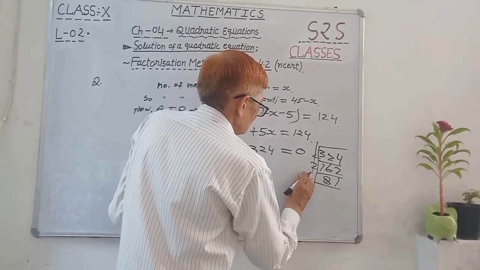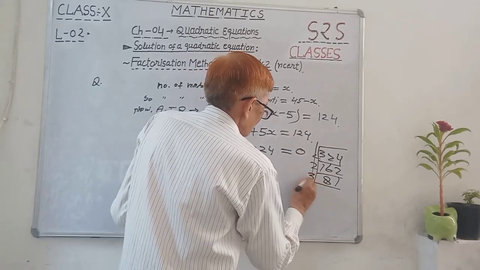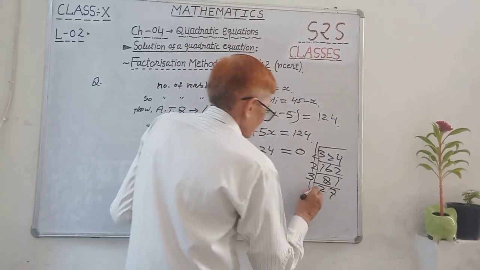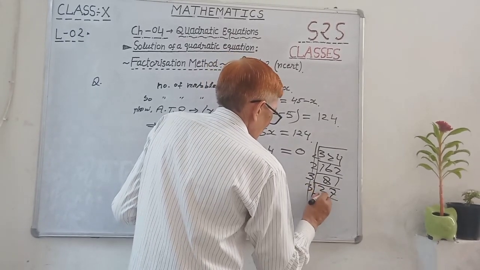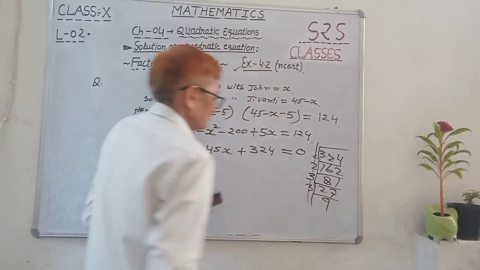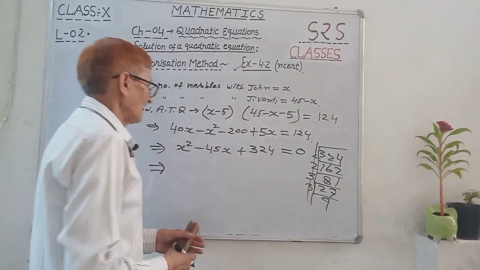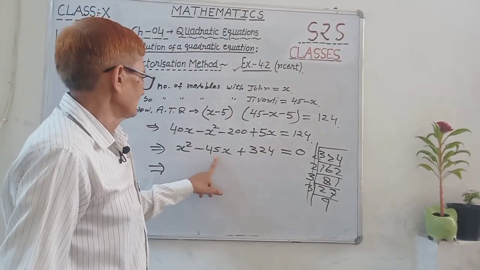Now it is divisible by 3: 3 2s are 6, 3 7s are 21, 3 9s are 27 and 3 3s. Okay, we have to make two factors of this such that their sum must be minus 45.